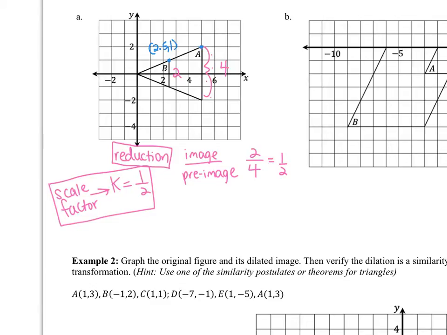The coordinates of the corresponding point are 5, 2. And then you can do, again, the image divided by the pre-image. So the image x divided by the pre-image x, and again, you get a half. And then if you do it with the y's too, it needs to be the same. So 1 divided by 2, that's a half.